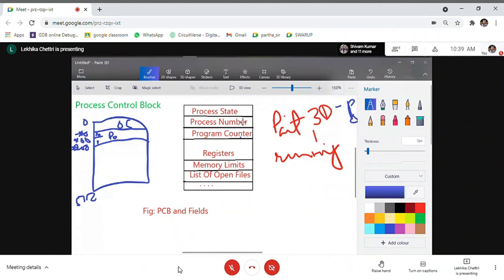If the operating system is given more registers, it can store lots of information in one go. So you are increasing the space, and the cost also increases, but it can remember lots of information.